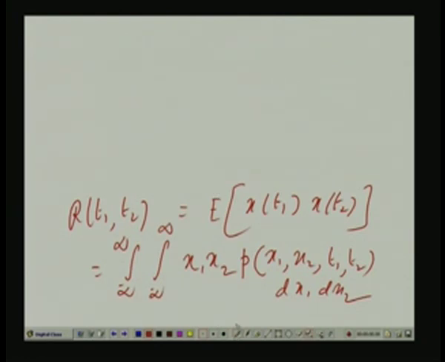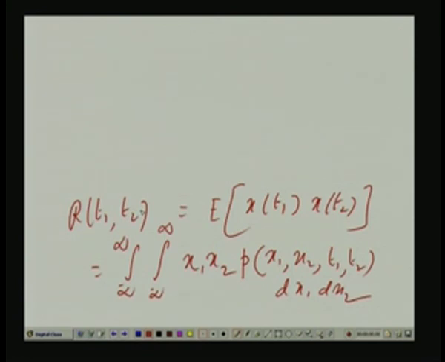You can also see that this is a function of two arguments. So you can plot it in a three-dimensional plot, and if you take the straight line t1 equal to t2, say equal to t, then for any t1 equal to t2, you have got E of x of t1 times x of t1 again, which is nothing but the expected power of the random variable at a point t1.